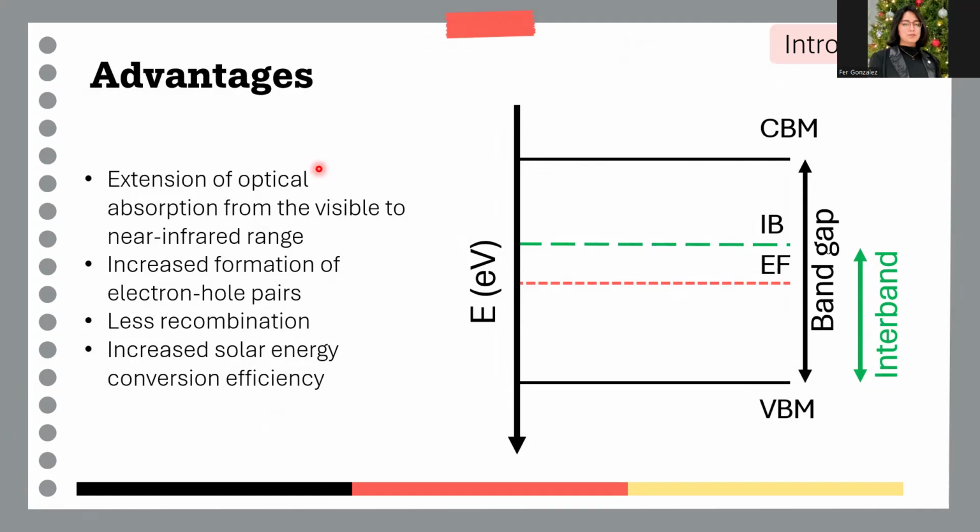This additional absorption pathway can also reduce carrier recombination losses by promoting more efficient charge separation. Consequently, these effects contribute to an improvement in the overall solar energy conversion efficiency, making intermediate band semiconductors promising materials for the next generation of photovoltaic devices.